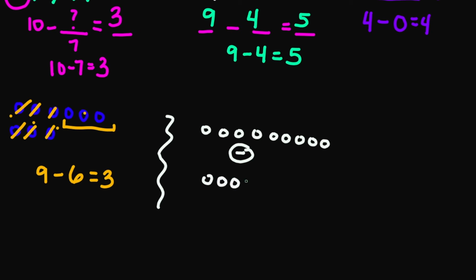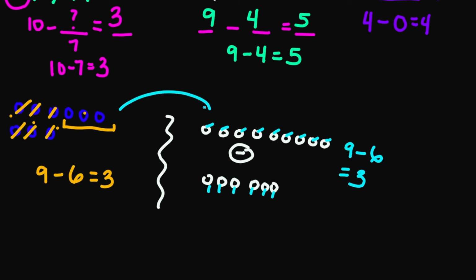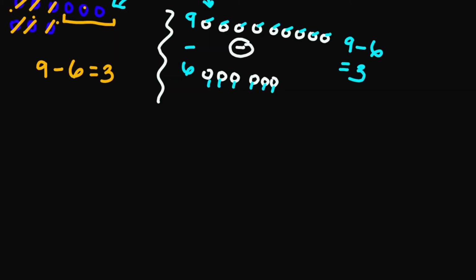You may see it written like this as well. So what is the subtraction problem for this? You have 1, 2, 3, 4, 5, 6, 7, 8, 9. So this is 9 minus 1, 2, 3, 4, 5, 6, minus 6. Right? This is also 3. So you may see the pictures written this way or this way.